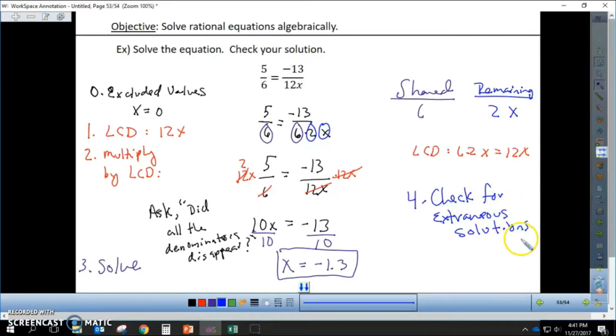You do this by asking, does negative 1.3 match any of my excluded values up here? I compare step 0 and step 3, and the answer is no, there are no excluded values. And step 5 says our final solution is x is equal to negative 1.3.